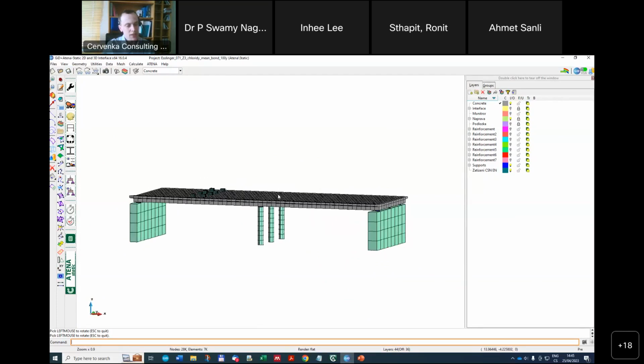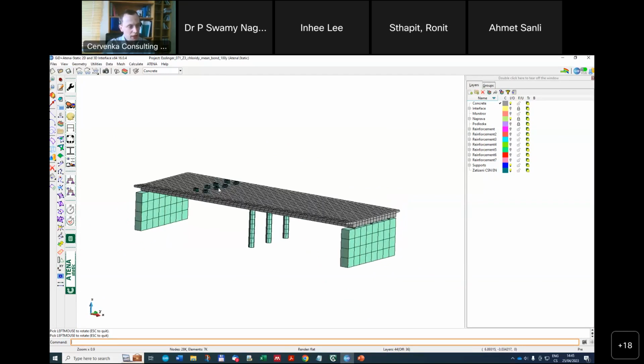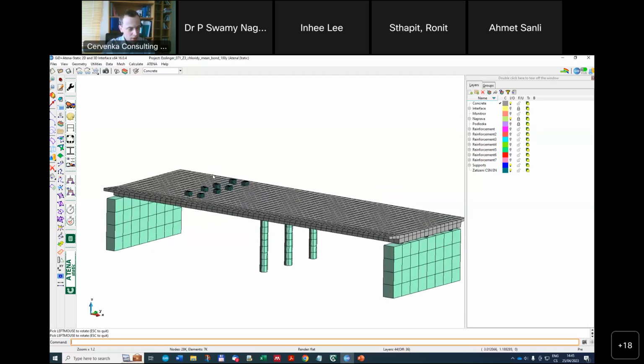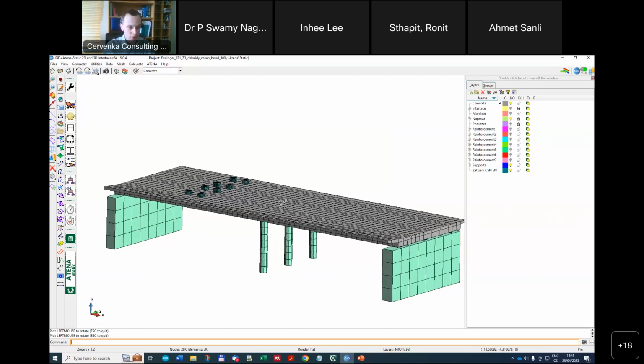And in here you can see the finite element mesh, including the substructure here, the concrete deck, and these volumes correspond to the position of the loading where we apply the localized load when simulating the overloading of the structure.